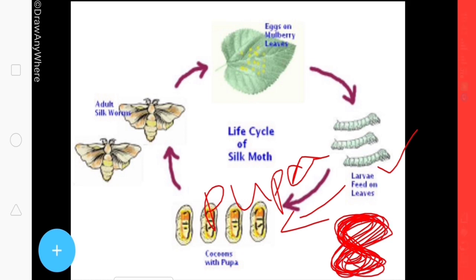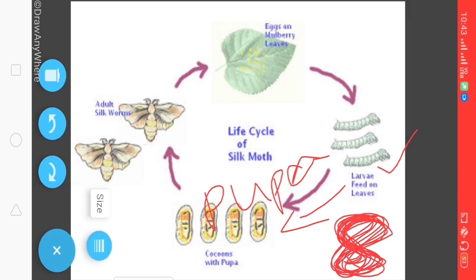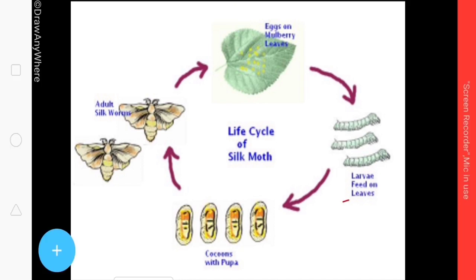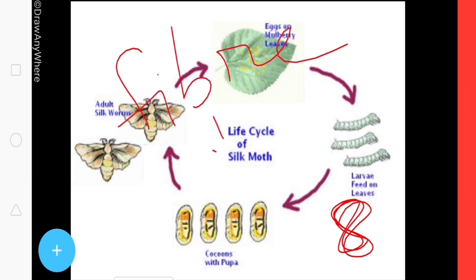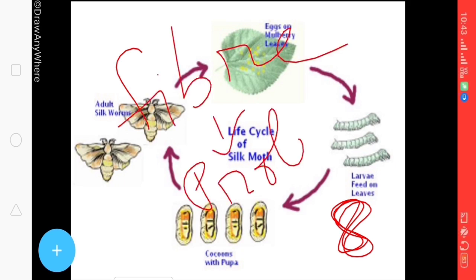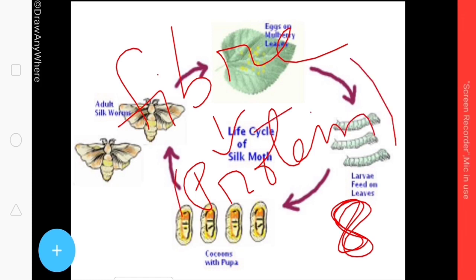And when they are doing this swinging, they secrete a fiber which is made up of protein.